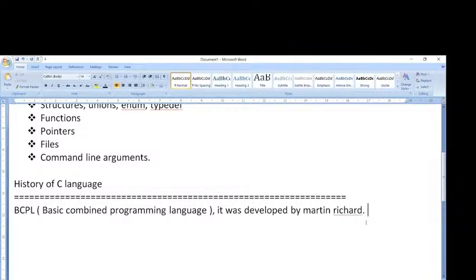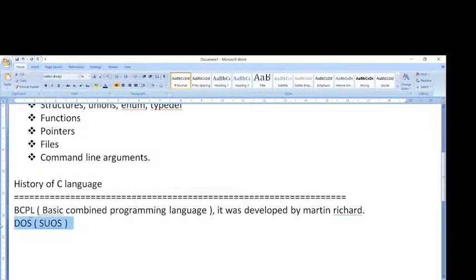At the time of the development of BCPL, there was one operating system called DOS, Disk Operating System. Actually, DOS is a single user operating system, which means it can support only one user at a time.